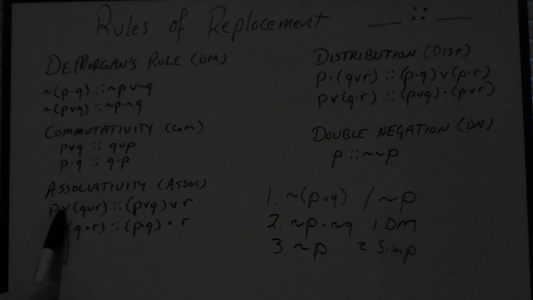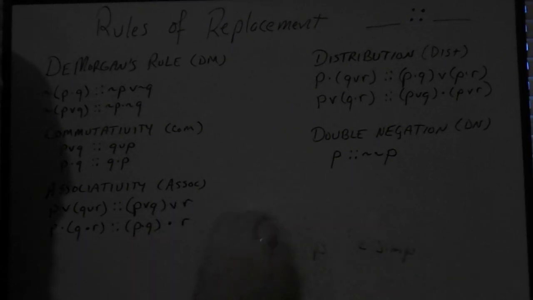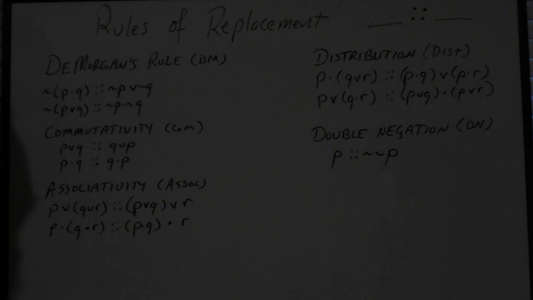So P or (Q or R) in parentheses would be exactly the same as (P or Q) in parentheses or R. The same thing with the dot, P and (Q and R), then (P and Q) and R. And again, it's just simply a matter of helping you to solve a problem if you are stuck in a situation where it doesn't look feasible in some other way.